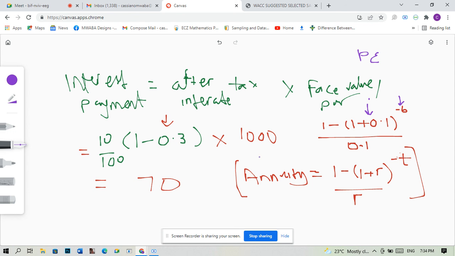How to tell a payment is an annuity? It is a repeated payment. So that 1 to 6 represents a repeated payment.